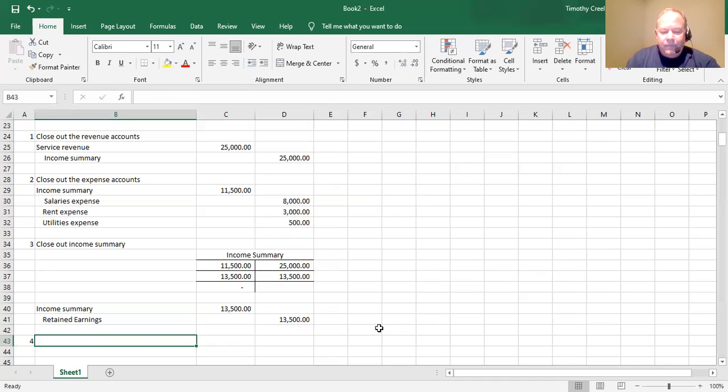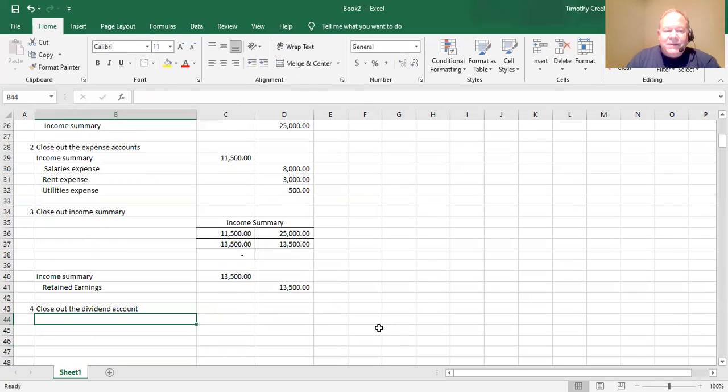And our last step is we want to close out the dividend account. And basically the dividend account has a normal debit balance. So that means if we want to close it out, we're going to have to credit it.